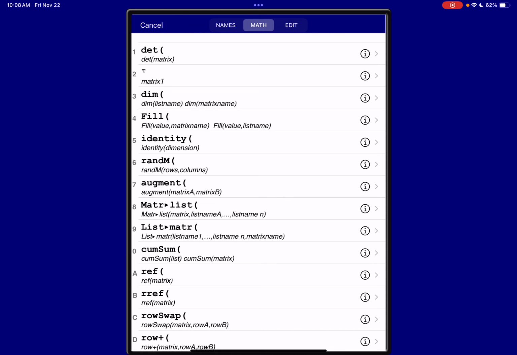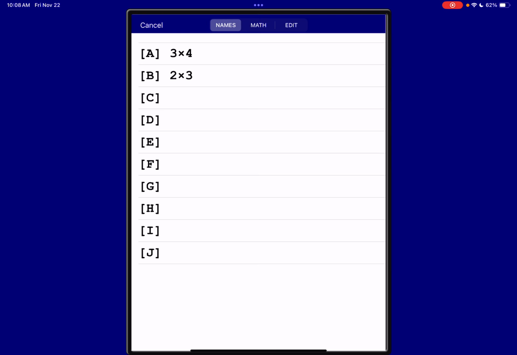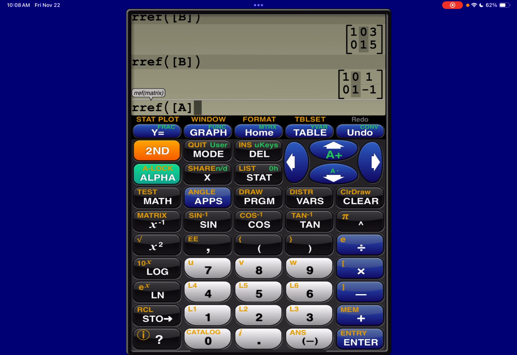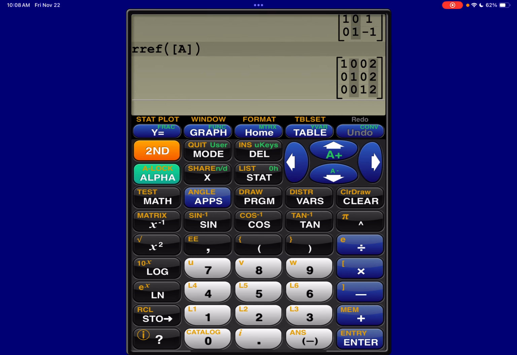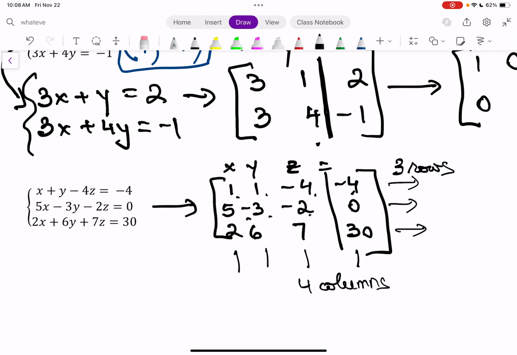So I want to hit math, row ref, now we're out of there. And it was matrix A where I placed everything. So I'm going back to A, here's the name of it, and now I can grab it. Enter, boom, done. So write this down. I have it.